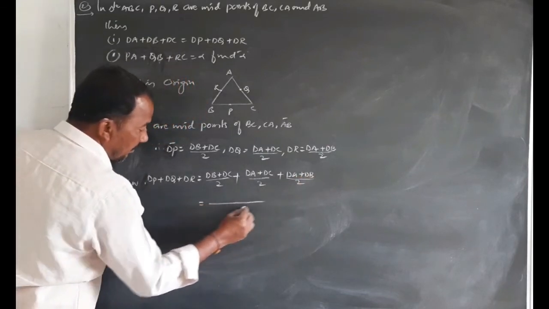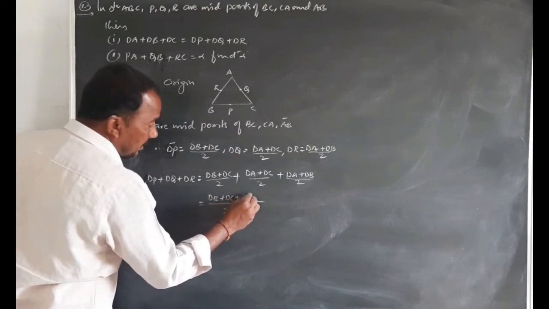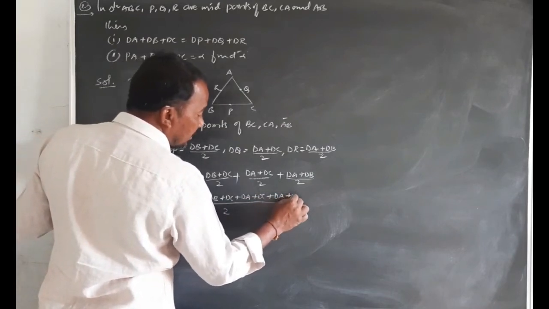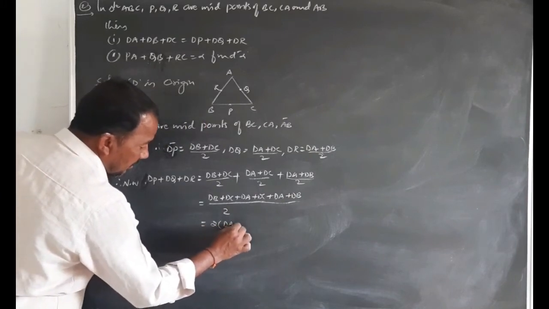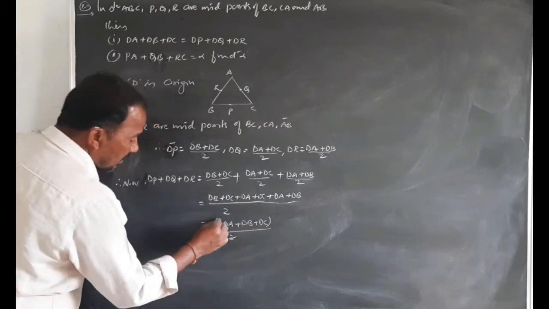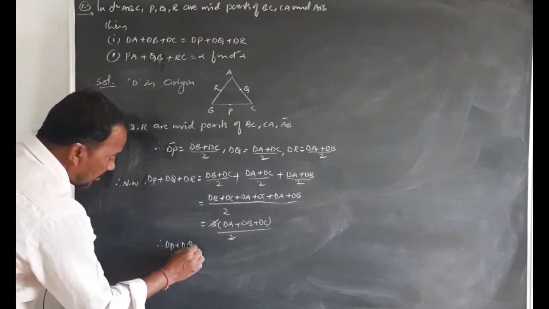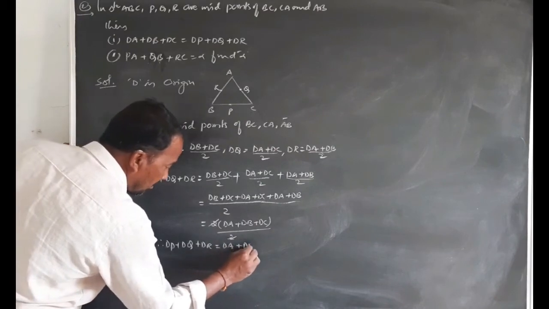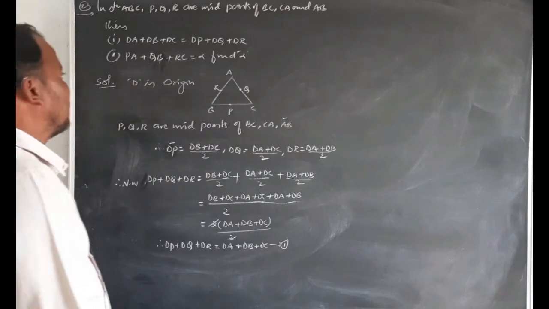Take the LCM: DB plus DC, DA plus DC, plus DA plus DB. So the 2 cancels with DA, DB, DC by 2. Therefore DP plus DQ plus DR equals DA plus DB plus DC in terms of ABC.